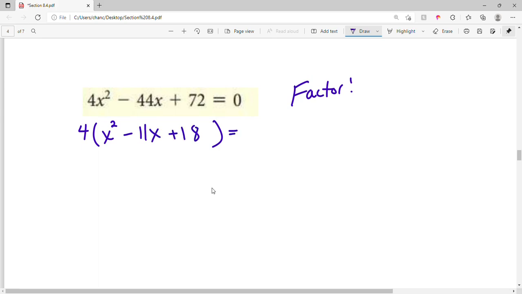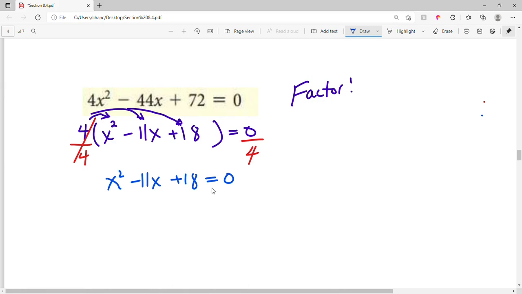Again, if you're not sure, you can distribute the 4, making sure the product is the original equation. Alright, now we can get rid of that 4. We can divide both sides by 4, and notice the 4 is now divided out, leaving me with x squared minus 11x plus 18 equals 0.